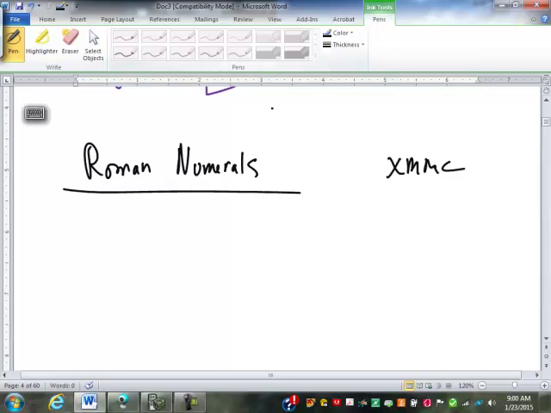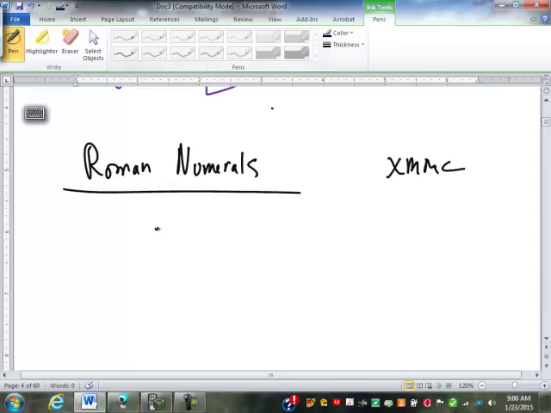So Roman numerals are what the Romans used to use, different symbols that they used for representing numbers. Part of it was the concept of a zero hadn't really been created yet, and the whole organized place value system wasn't created, so they just had symbols that stood for certain amounts, and they combined those symbols to make larger amounts.